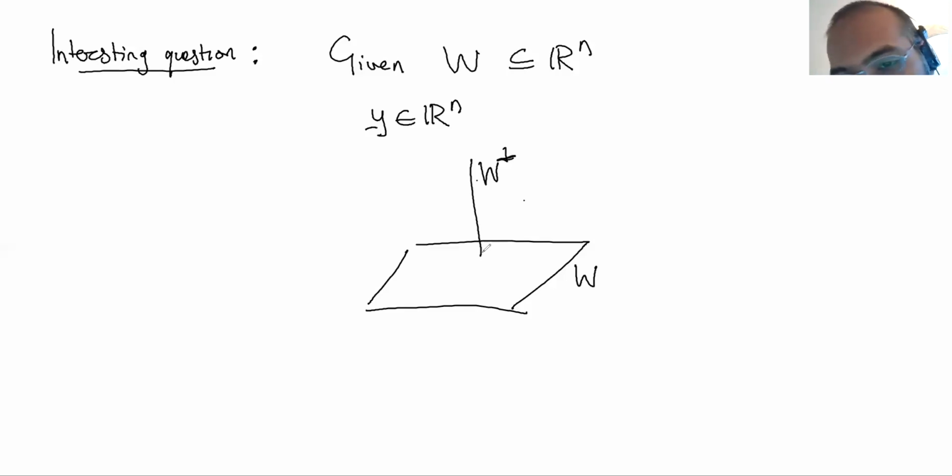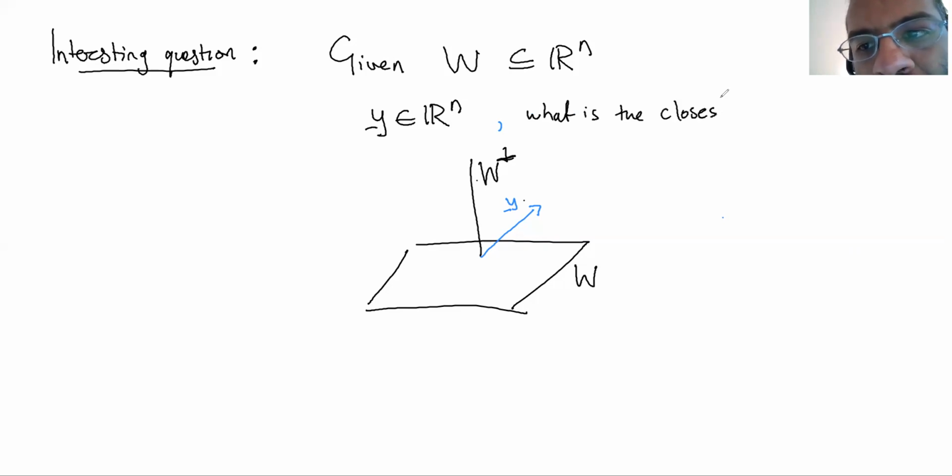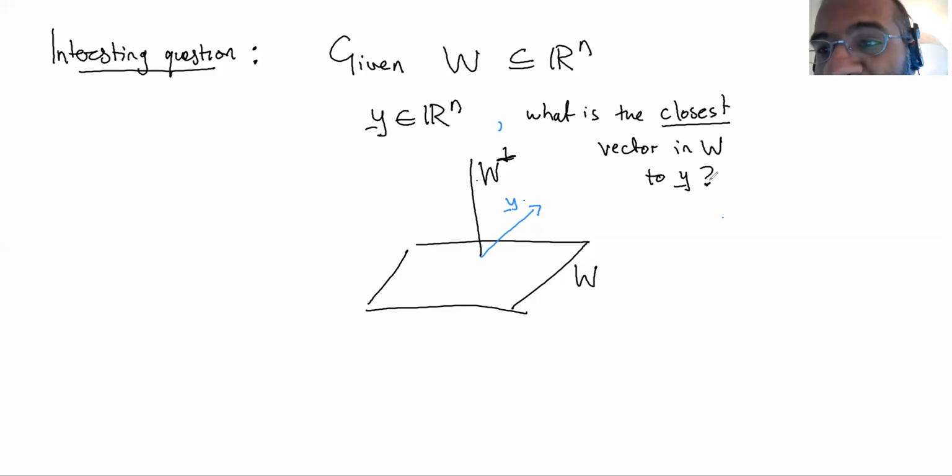So this is orthogonal. And now I have this vector y that's maybe not in the subspace. Now the question I can ask is, what is the closest vector to y in W? This question makes sense because we defined distance.